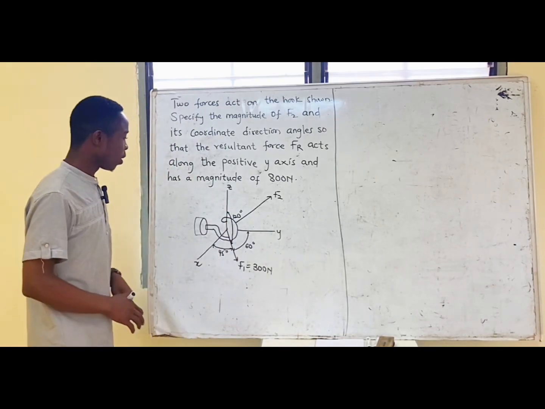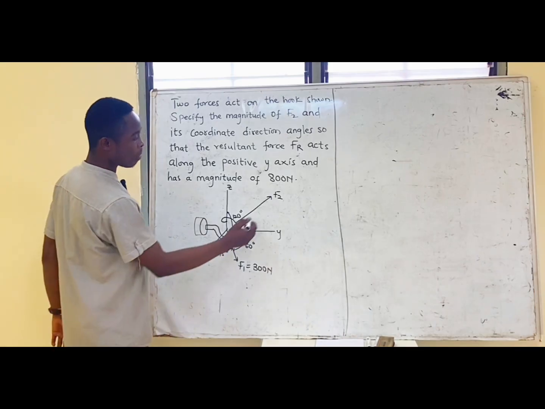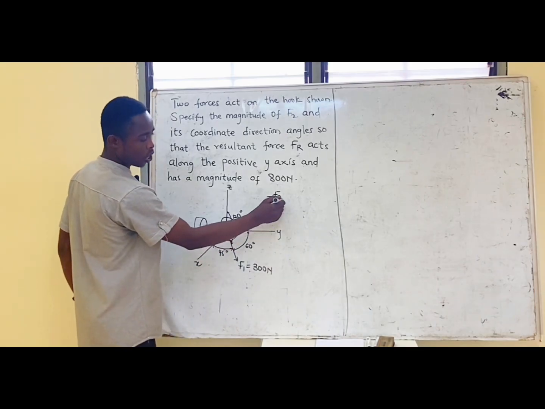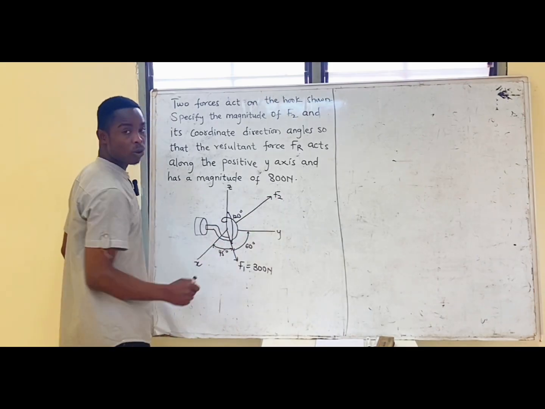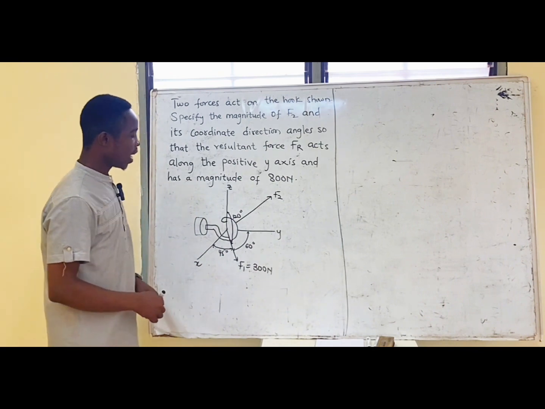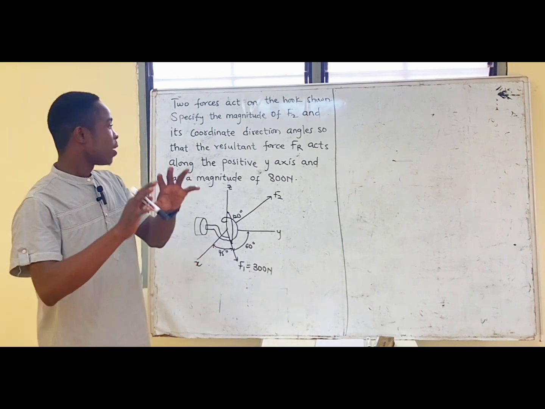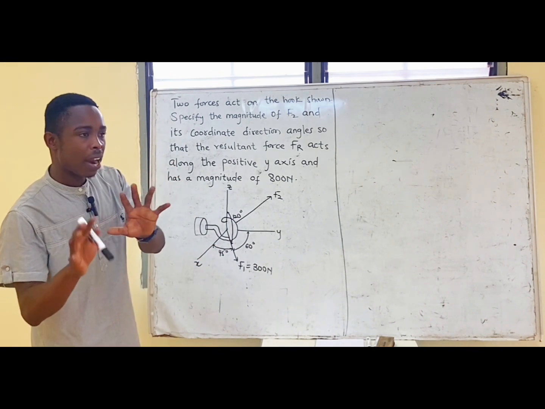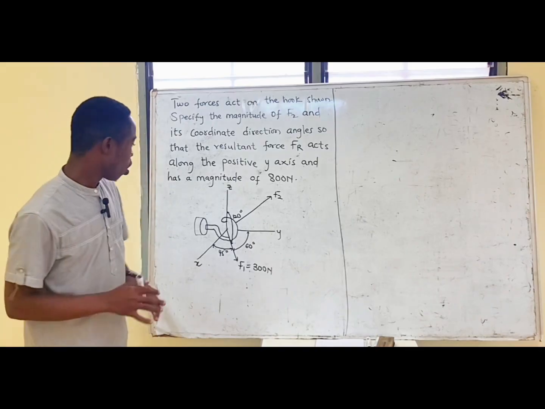Good. So the question is asking us to find the magnitude of F2. In the question, F2 wasn't given to us. And again, we should find its coordinate direction or the directional cosines.